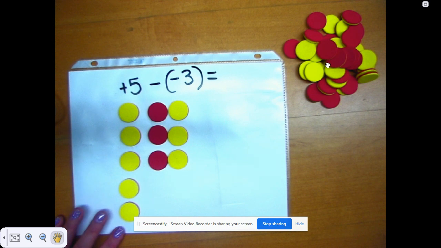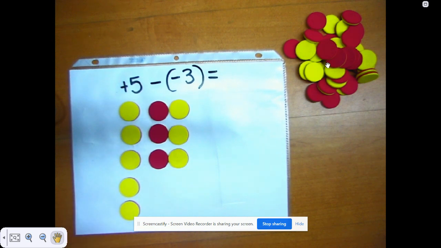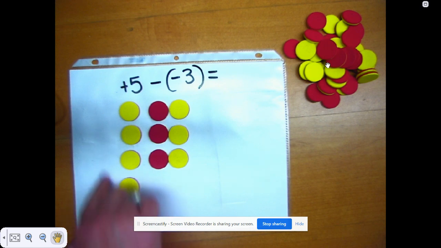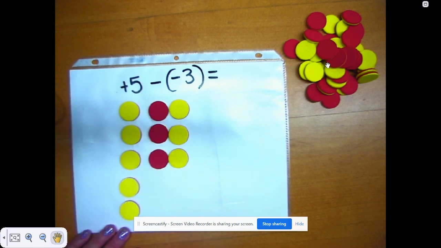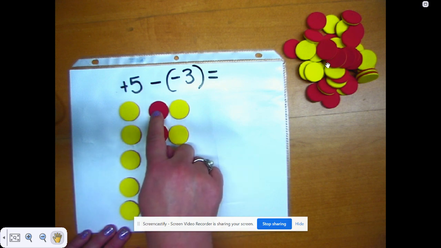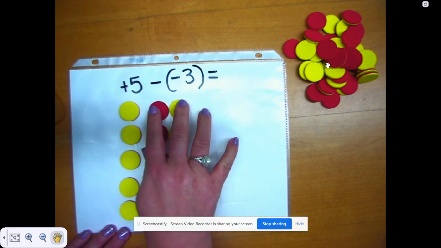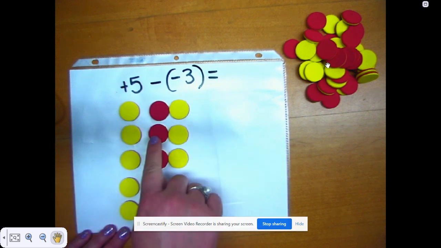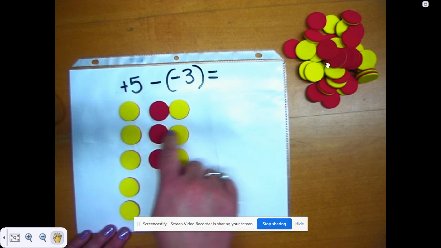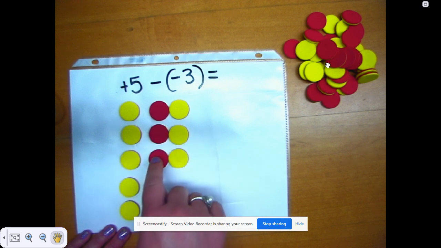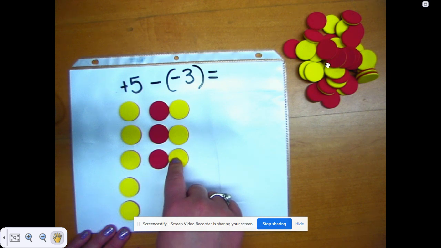Did I change what my model says? No, I didn't. It still says positive 5. And remember, this is a negative 1 and a positive 1, so it equals 0. This is a negative 1 and a positive 1, so it equals 0. And this is a negative 1 and a positive 1, so it also equals 0.